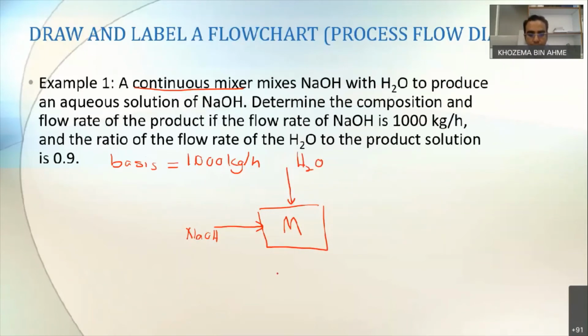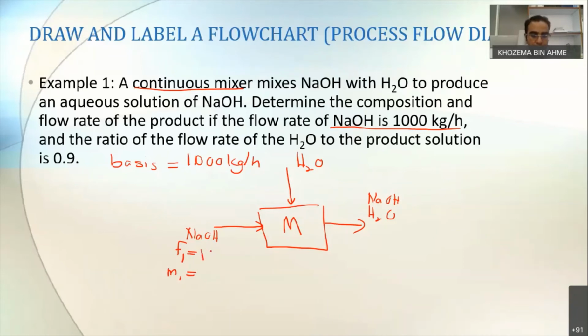Whatever is coming out is a mixture, an aqueous solution of NaOH, meaning that I have NaOH and also H2O. Those are the things that I know. I also know that the basis we've chosen for NaOH is 1000 kilograms. So I can write here F1, or M1, it doesn't matter, it's the same thing. F, M or anything is just a symbol.